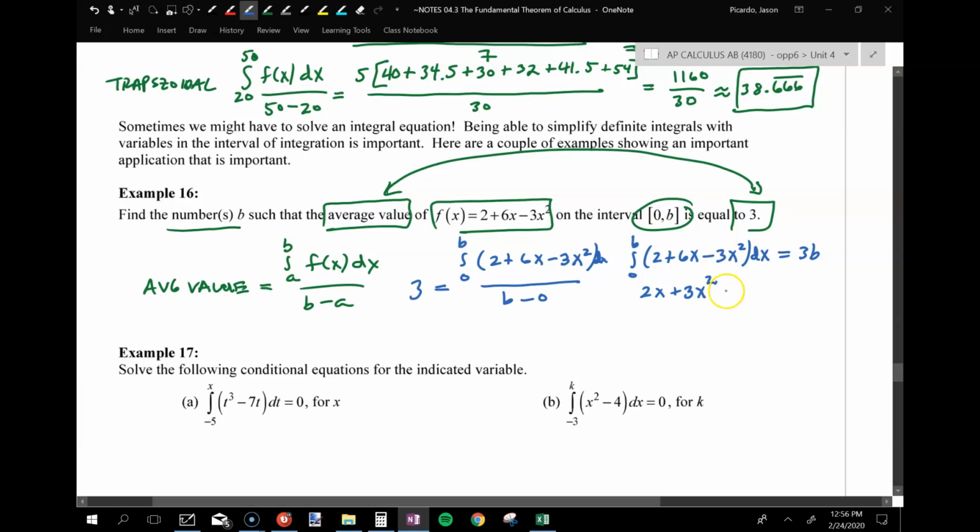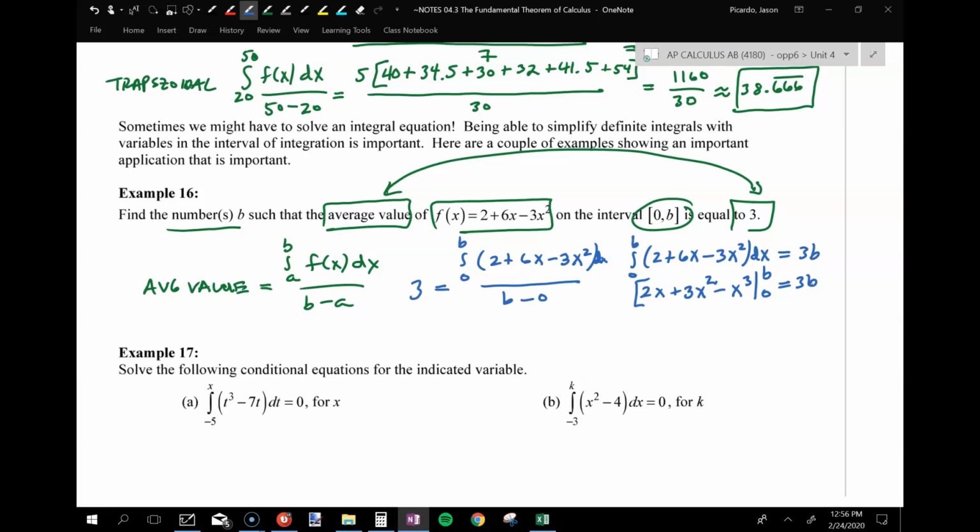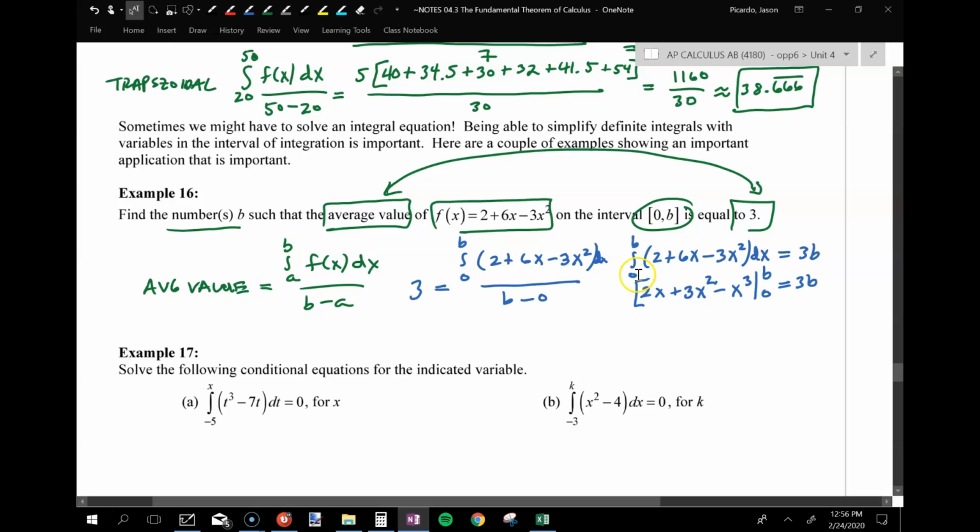Integral of negative 3x squared is negative x cubed. We're integrating that from 0 to b equals 3b, right? Now, this was our first fundamental theorem of calculus, right? The first fundamental theorem of calculus said if you integrate something from a constant to a variable, then I can simply do what? Take the b in, simply plug it in for the x, right? So isn't it the same as this?